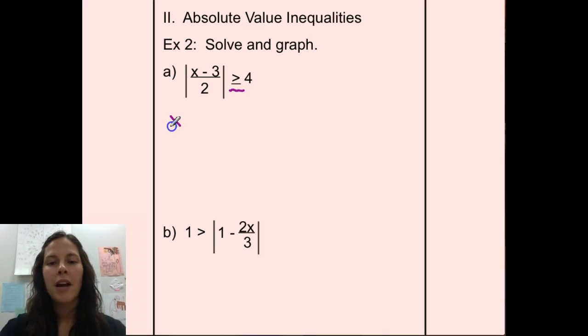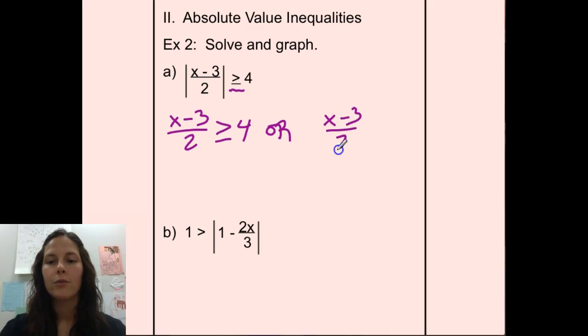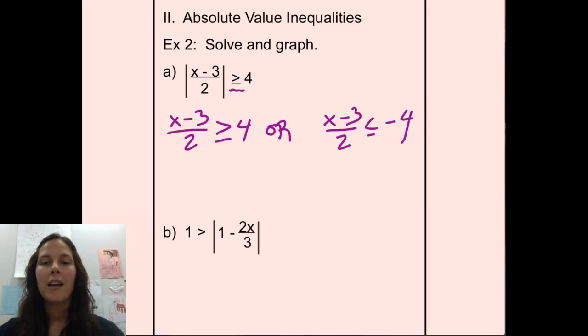So we're going to set up (x minus 3) all over 2. When you do this, you drop the absolute value: greater than or equal to 4, or what's inside the absolute value, (x minus 3) all over 2, is less than or equal to -4. So we flip the inequality and make the value negative. The reason we do that is because what's inside the absolute value could be negative.